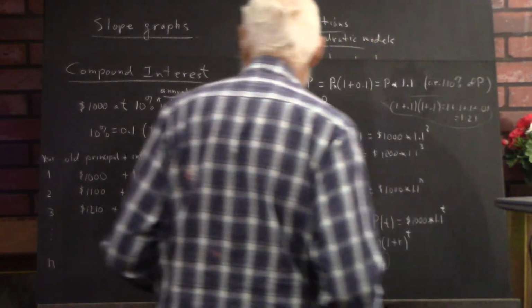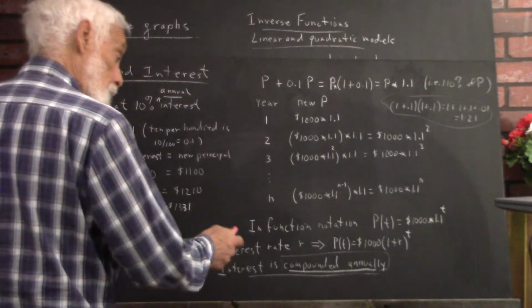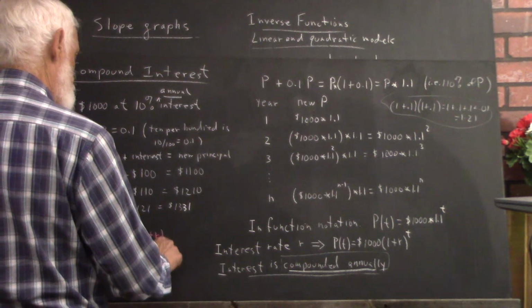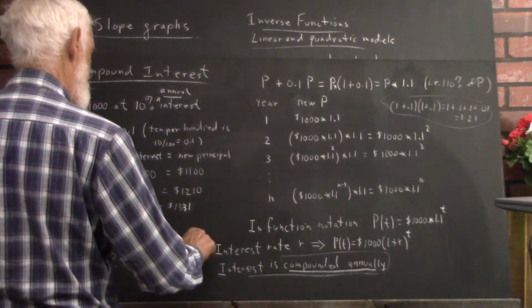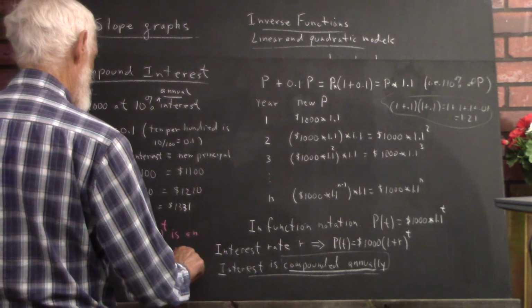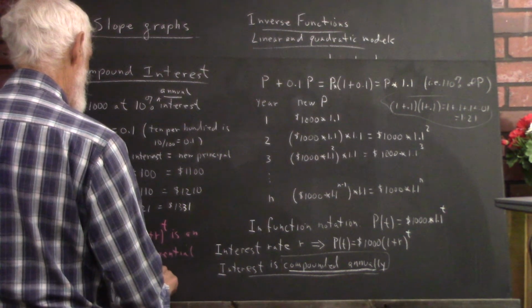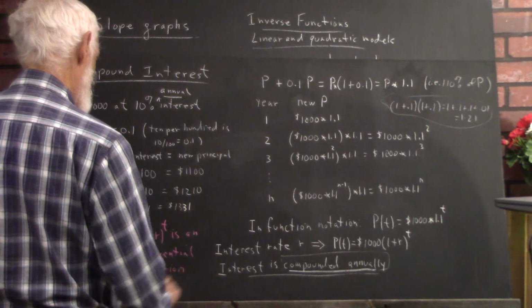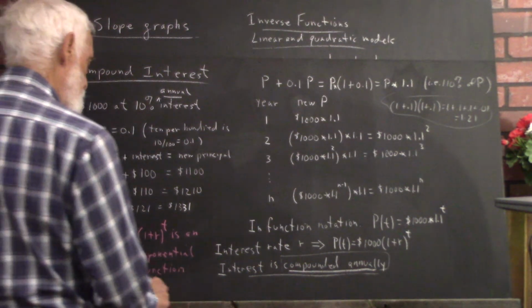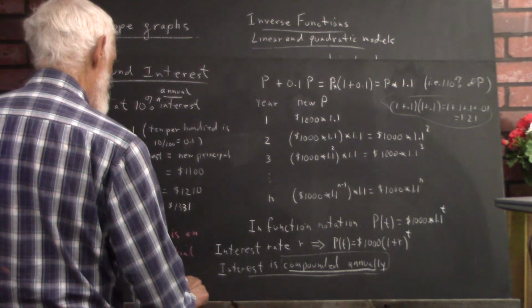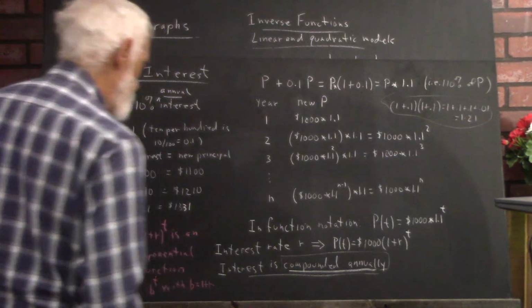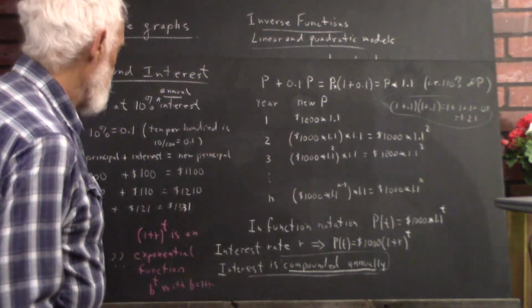Okay, well, I'll make the note over here because this is kind of a payoff here. This is an exponential function. It's b to the t with b equals 1 plus r. And there's actually a name for this.